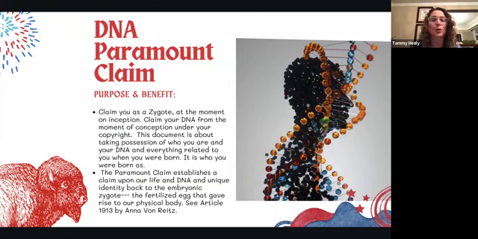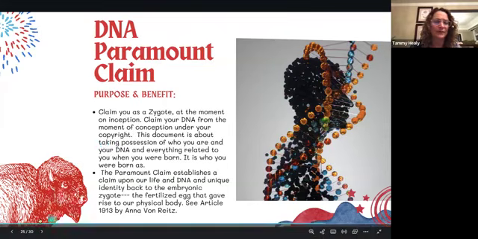It is who you were born as. The paramount claim establishes a claim upon your life and DNA and unique identity back to the embryonic zygote, the fertilized egg that gave rise to our physical body. And I reference Anna's article here. See article 1913 by Anna von Reitz. It gets into more in depth about that.